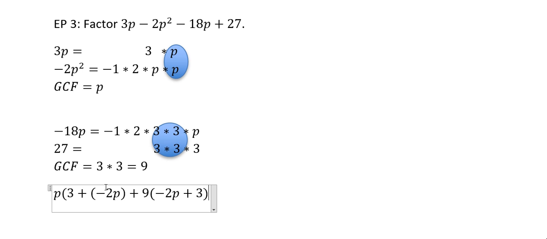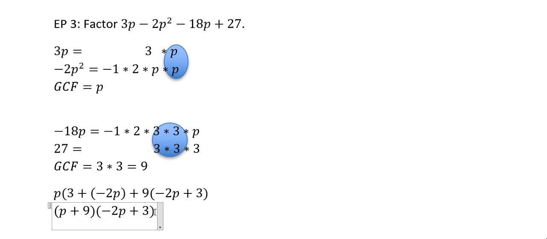We're going to write this one as negative 2p plus 3. These are the same right now. They're just in a different order, and that's okay. So we're going to take the outside, which is p plus 9, and that is going to be multiplied by the inside, which both of those are actually the same thing, so we can just write negative 2p plus 3. And that's your final answer.